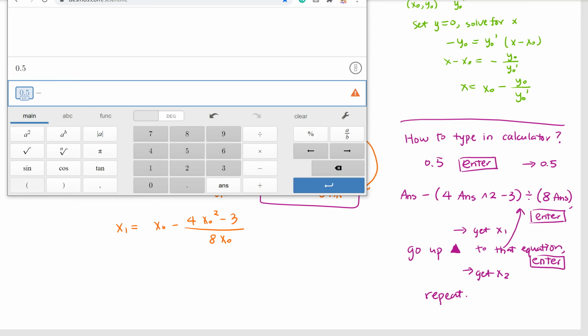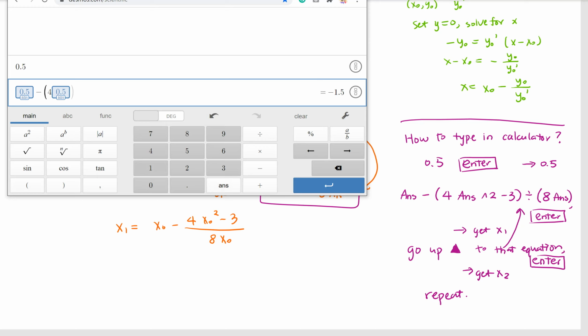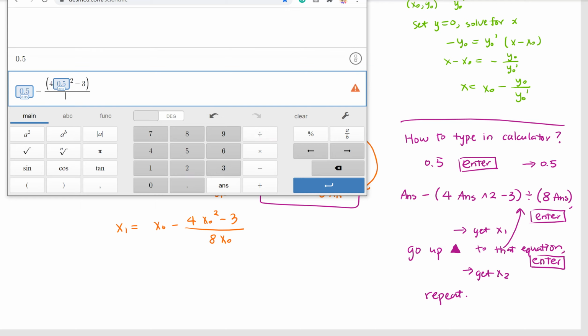Okay, then you do parentheses 4 answer square minus 3, close it, divided by 8 answer.